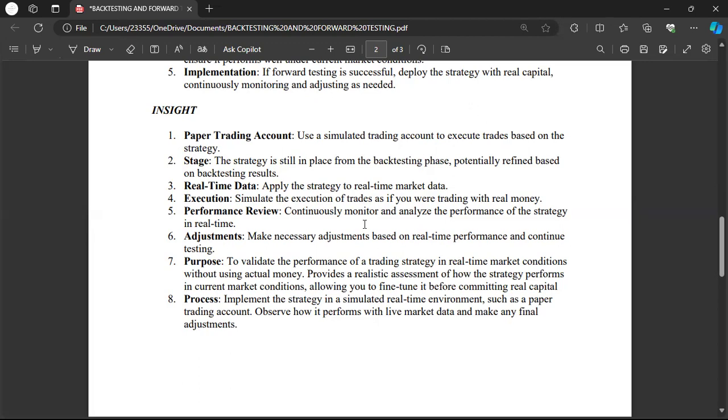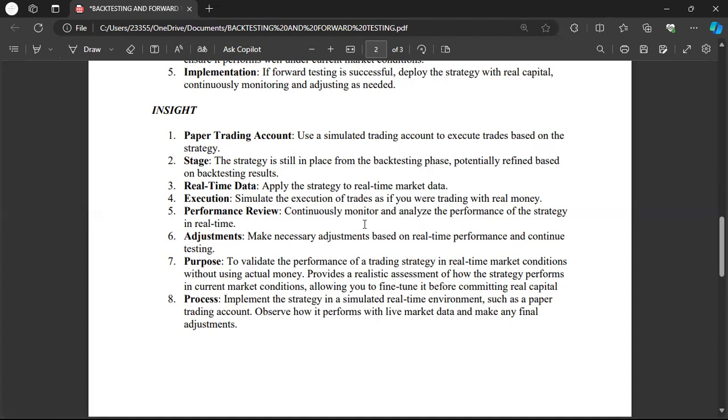Now, in real-time market, after backtesting you do your forward testing. So apply the strategy on real-time market data. That's demo trading. Execution, the same idea there. Now you have to do a performance review: continuously monitor and analyze the performance of the strategy in real time, right? In fact, you have said it already. It's just a matter of reading.